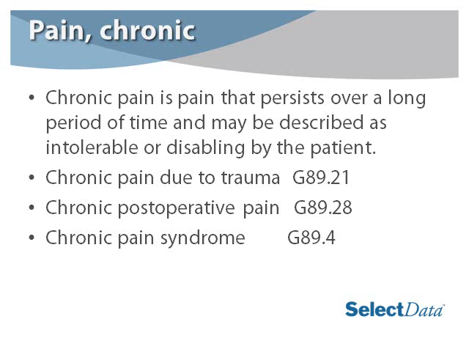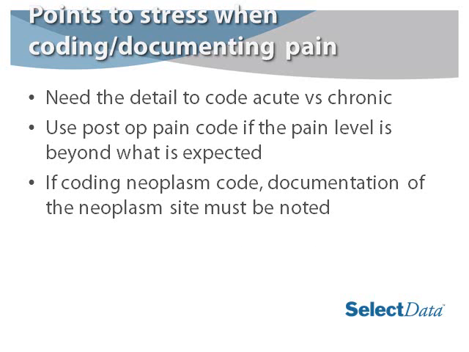We need to have specific identification of chronic pain if it's due to trauma, G89.21, or chronic postoperative pain, G89.28, or chronic pain syndrome, G89.4. Now, for the detail to code acute or chronic pain, if the pain level is beyond what is expected, we need to know that.